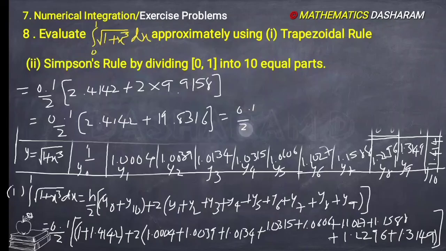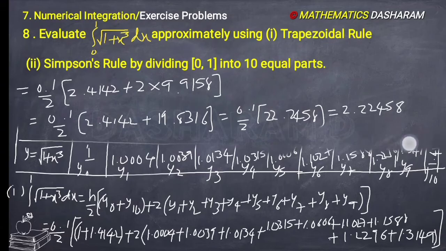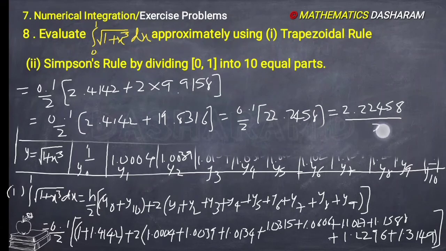So 0.1 divided by 2 bracket of 22.2458. So 0.1 into 22.2458 is 2.22458 divided by 2. So the final answer is 1.11229. This is our required answer.